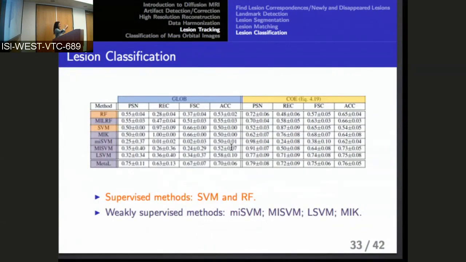We consider each image as a bag of instances. For example, when we know that this image is positive, we try to make an estimation of the label of those instances. Those semi-supervised techniques were latent SVM and miSVM.